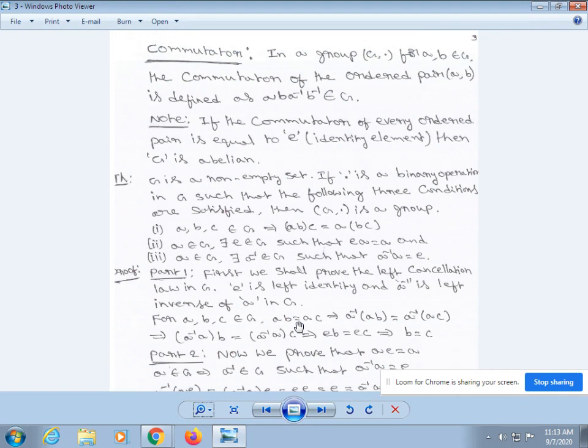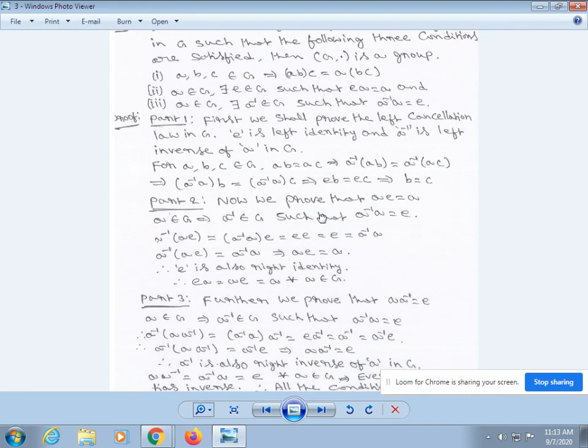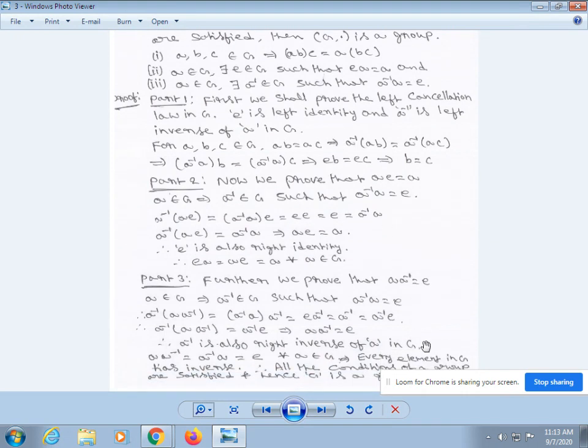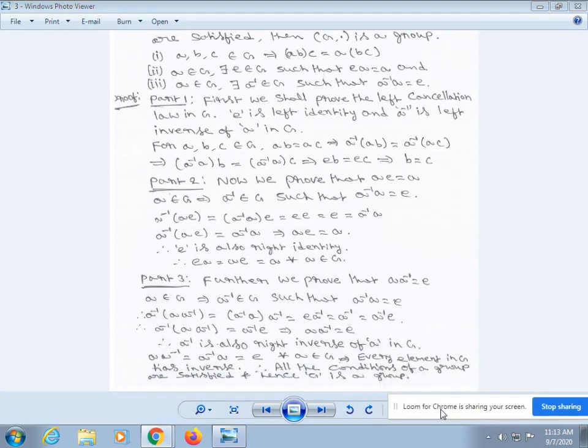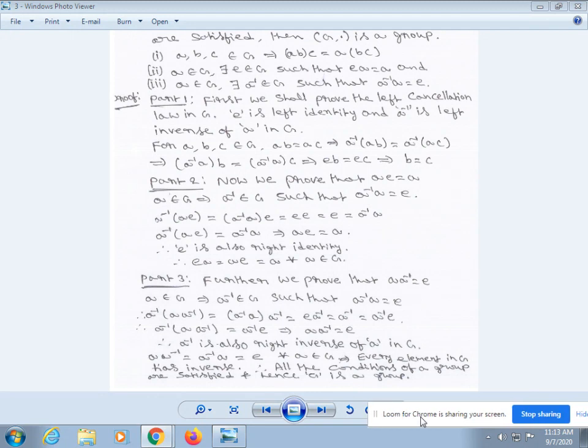Part 2. Now we prove that ae equals a. a belongs to G, and a inverse also belongs to G such that a inverse a equals e. a inverse (ae) equals (a inverse a)e. a inverse a is nothing but e. e dot e is also equal to e, that is nothing but a inverse a.